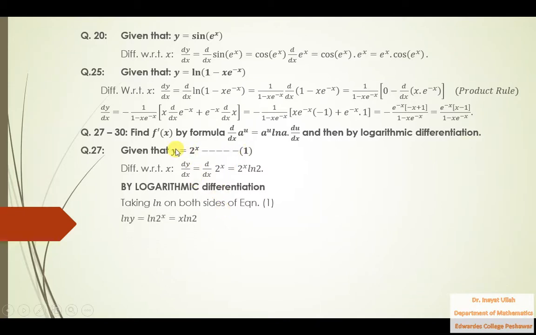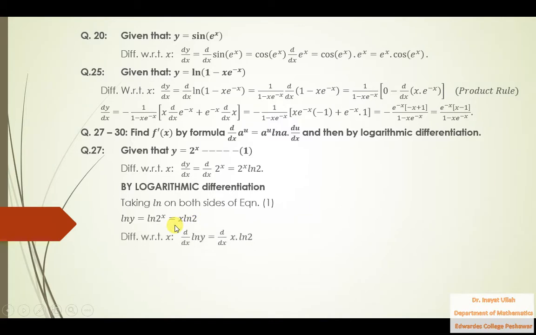So whenever we take natural log of y, that will become natural log of y, and this is natural log of 2 power x. Using the property of logarithmic function, this x will come in front of log of 2. So that is natural log of y equals x natural log of 2.